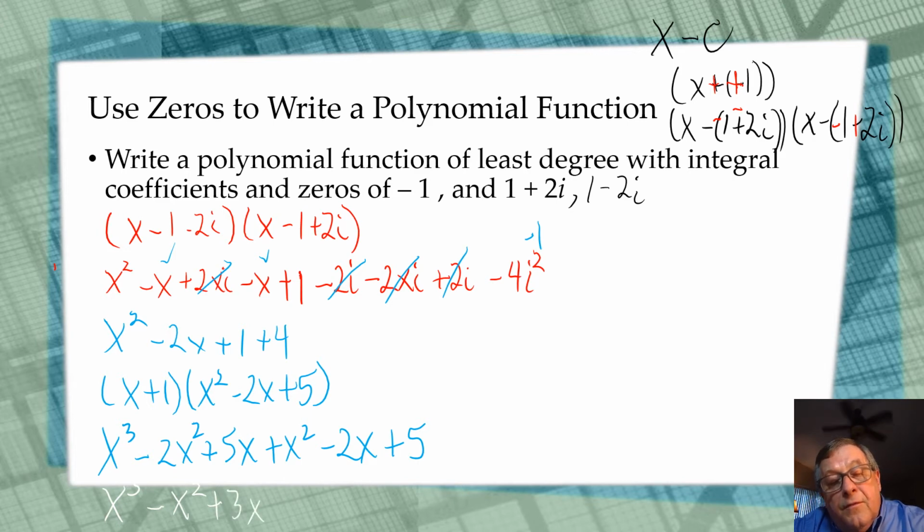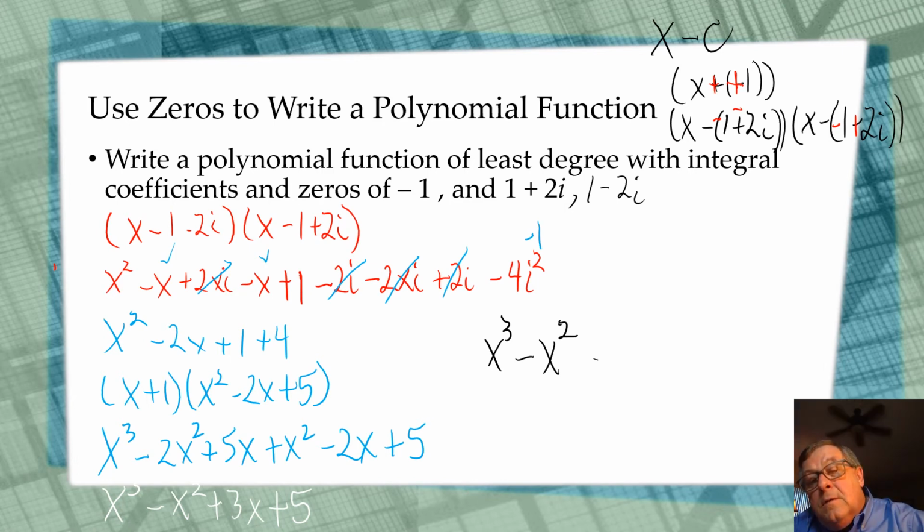And then plus 5. And so Shazam, what is my polynomial function of least degree? It is x cubed minus x squared plus 3x plus 5.